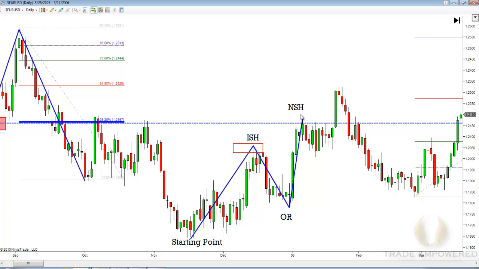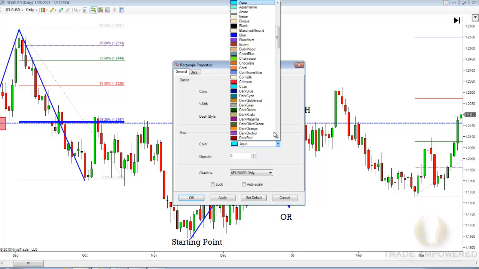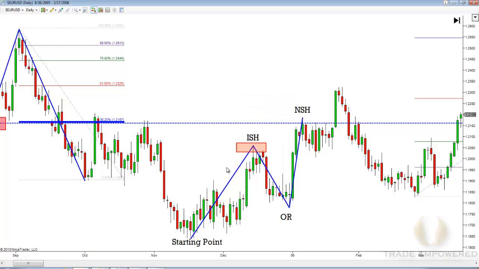Put our thinking caps on. After we get a new structure high, what do we expect? Another outside return, right? Where is that outside return going to come to? Probably our previous structure high level. So we create a zone right here. Here's our previous structure high.